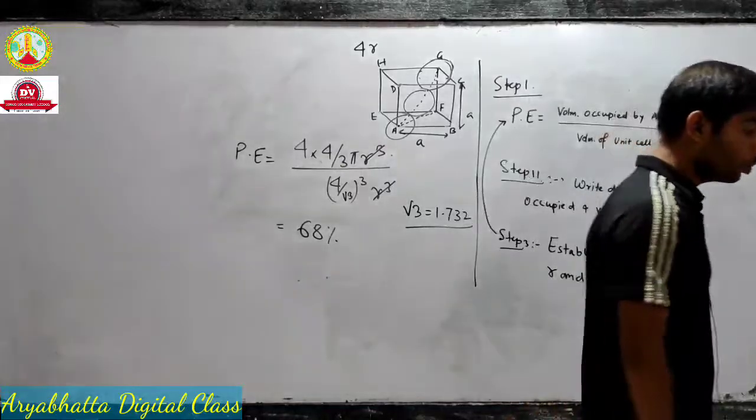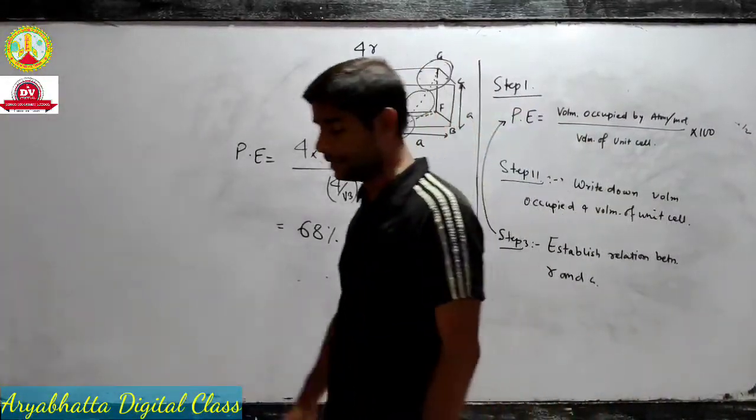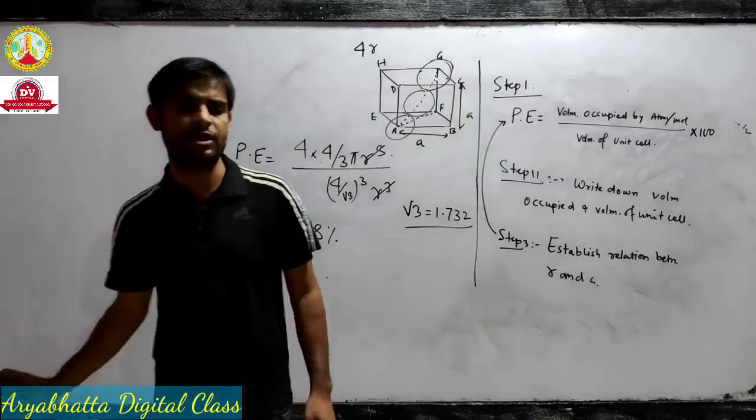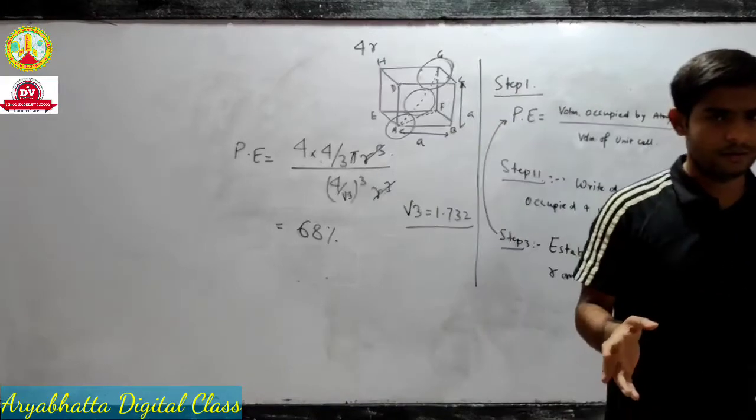So we see that in case of body centered cubic lattice, we have a lower efficiency than face centered cubic lattice, and it is quite obvious.